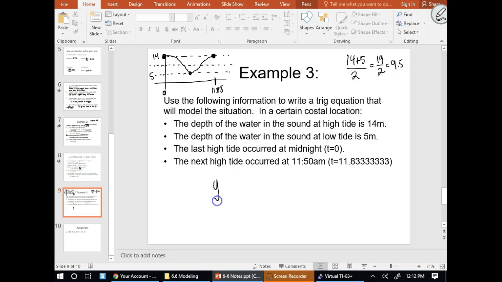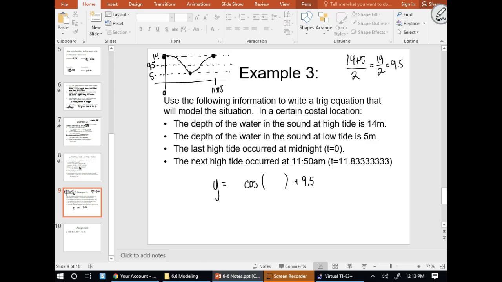So that means y equals, which function should I use here, sine or cosine? Cosine is going to be a lot easier because this starts at a maximum and so does cosine. So I won't have to phase shift if I use cosine. So I'm going to put cosine and I'll have something in here and plus 9.5 out here on the end. If this right here is 9.5, what's the amplitude?